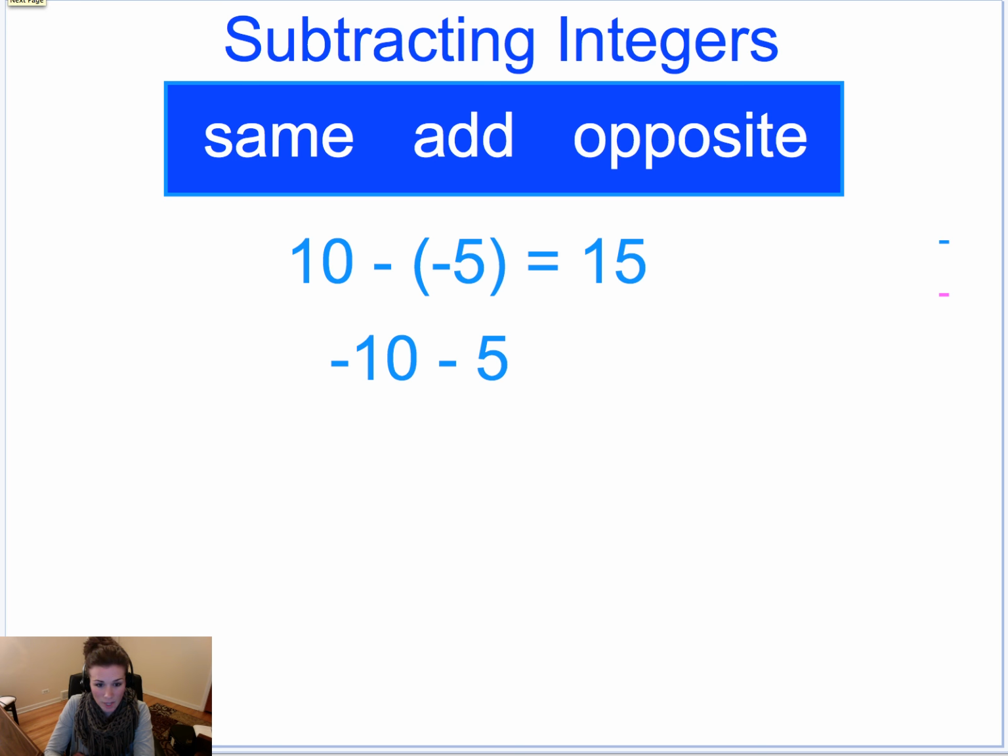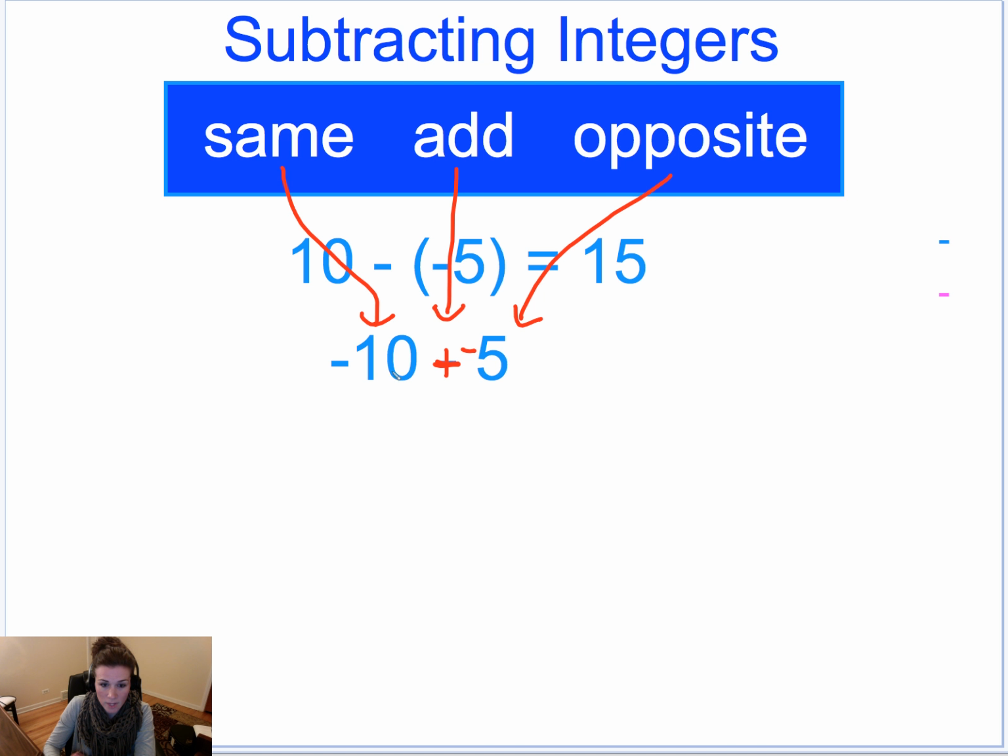Now in negative 10 minus 5, we'll follow that same shortcut because we have a subtraction problem here. So change it to addition by keeping the first number the same. Change the subtraction to addition, and then you have to take the opposite of that final number. Since this was a positive 5, it's now negative.